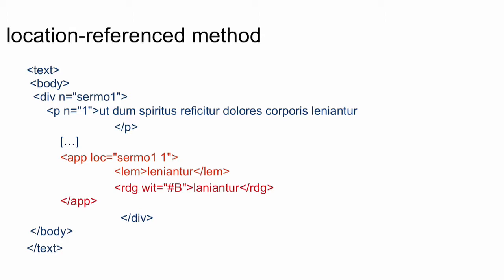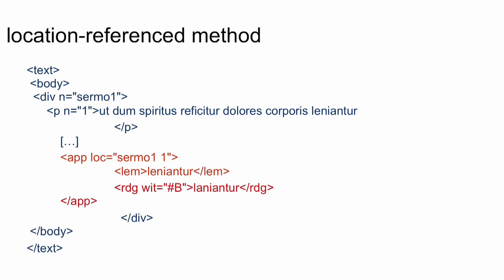That is, you would have the sentence in the main text. You would have the sentence appearing in a particular paragraph, and somewhere else in the text, you would have an apparatus entry marked up with the app element here. And attached to this paragraph where it occurs with the loc attribute.